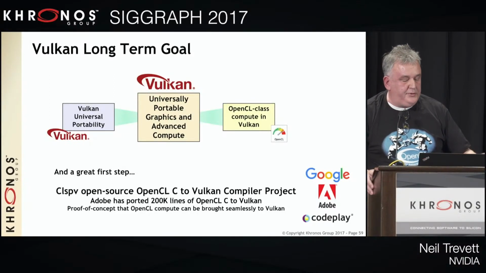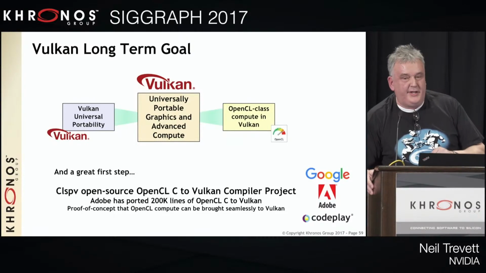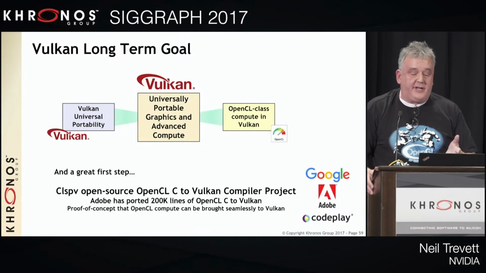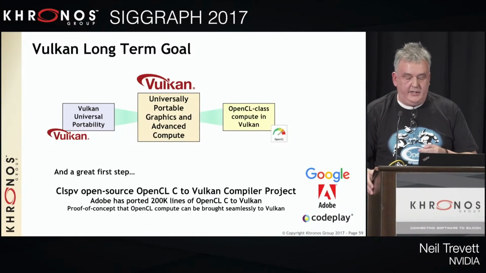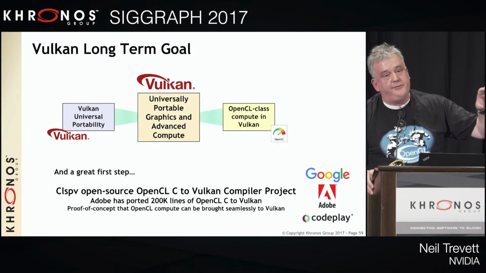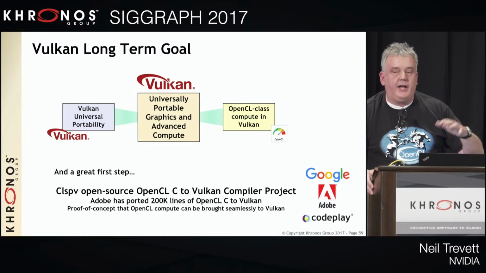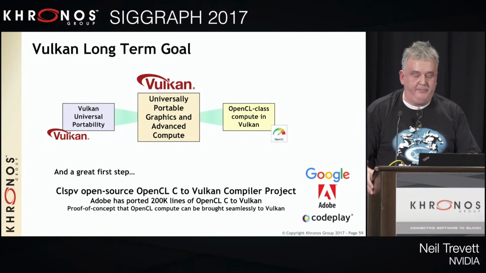And what Ralph is going to be talking about next is a really interesting first step that just appeared a few weeks ago. Some of you might have spotted it in the press, that Google and Adobe and Codeplay have been working together on an experimental compiler to take OpenCL C and compile it to Vulkan SPIR-V, so you can run it in the Vulkan runtime.